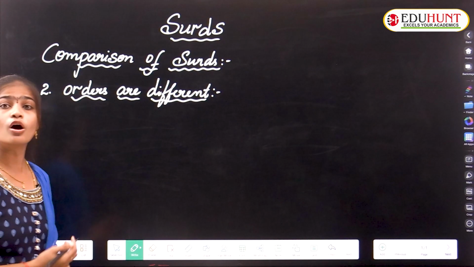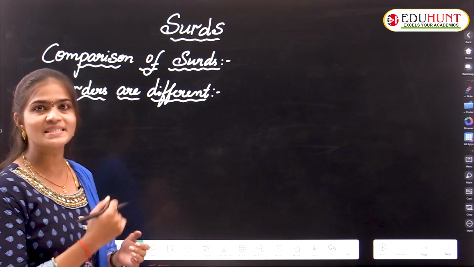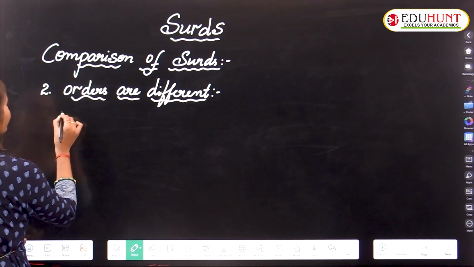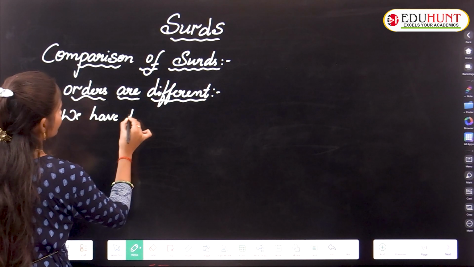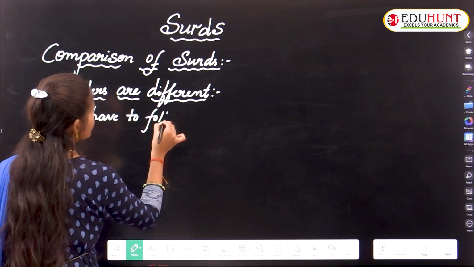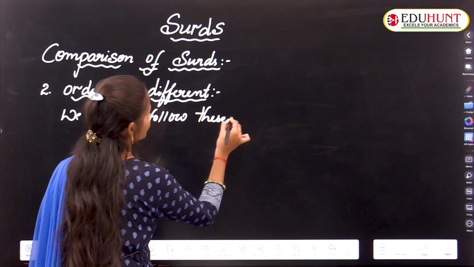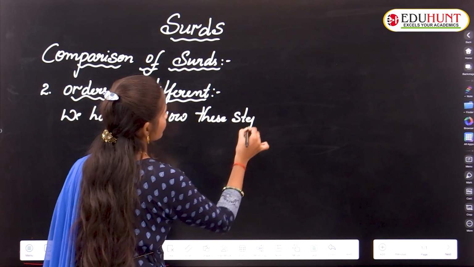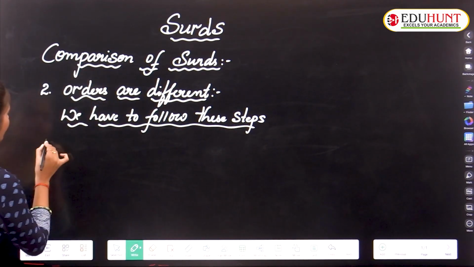Next one is, if the orders are different, then how to compare? Here we need to follow some steps. So what are the steps?